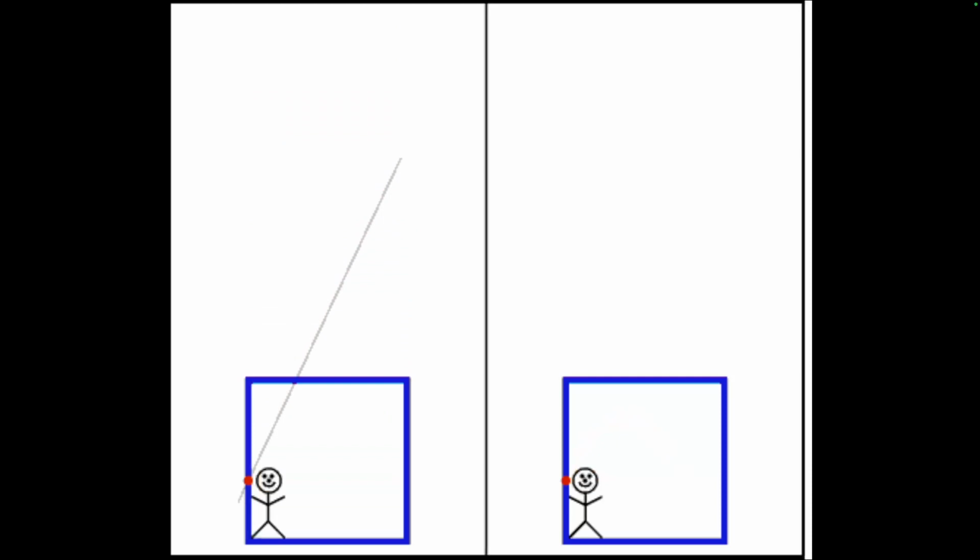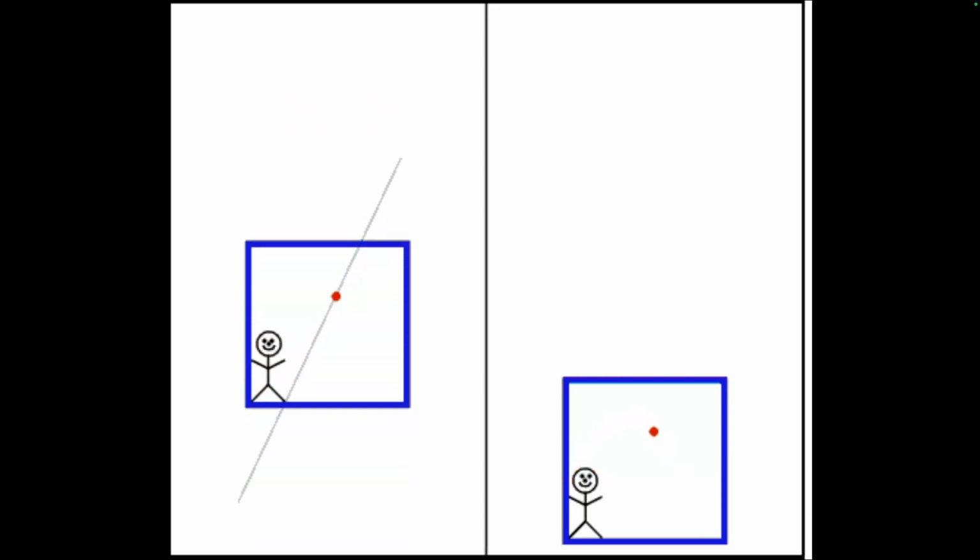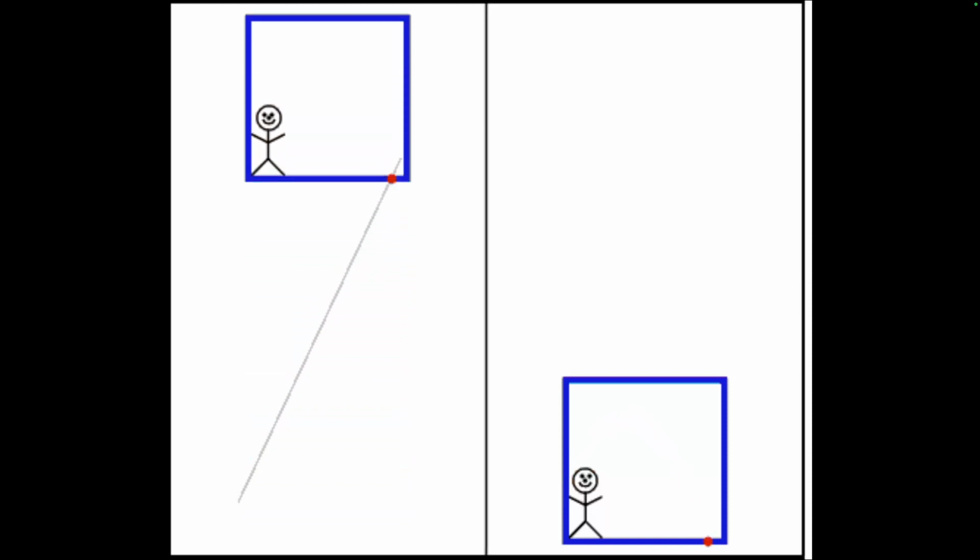What does the ball do? Starts in their hand, goes up, hits a peak, and comes back down, even though it moved in a straight line from an outside observer's perspective? The person in that box cannot do an experiment that would tell the difference between what's happening on the left versus what's happening on the right.